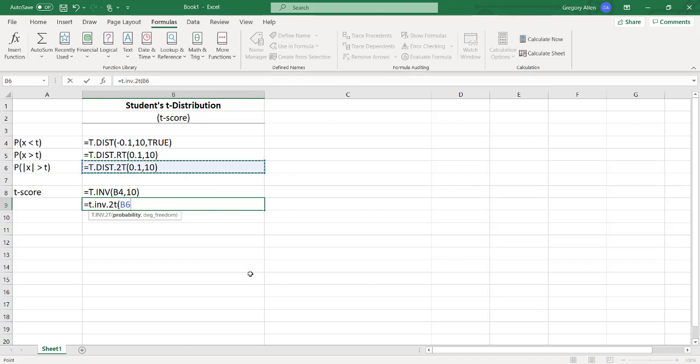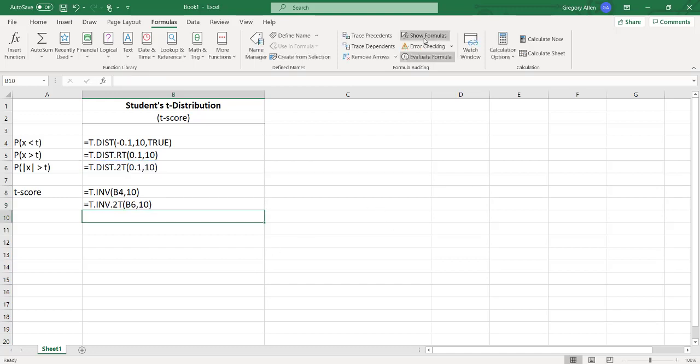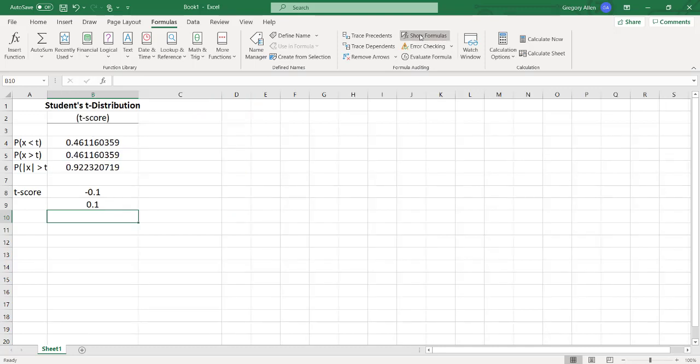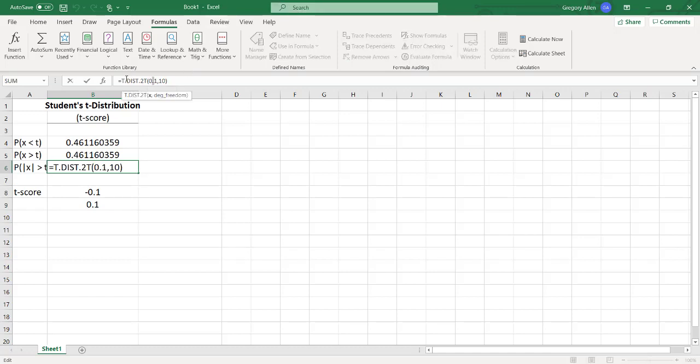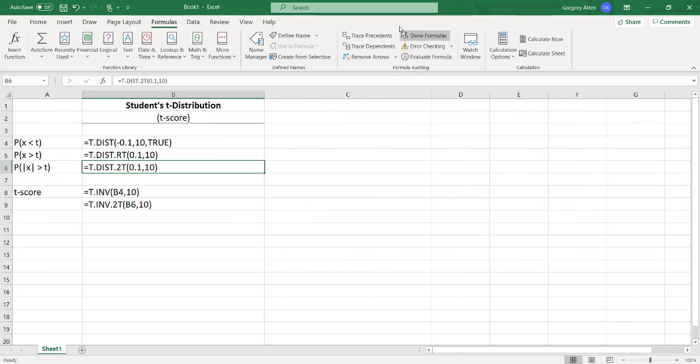Let's give it this probability, and we're going to give it the same degrees of freedom. And let's check the output. See what I got? 0.1, which was exactly the t-score that I put in here in the formula. So let me go back to showing the formulas.